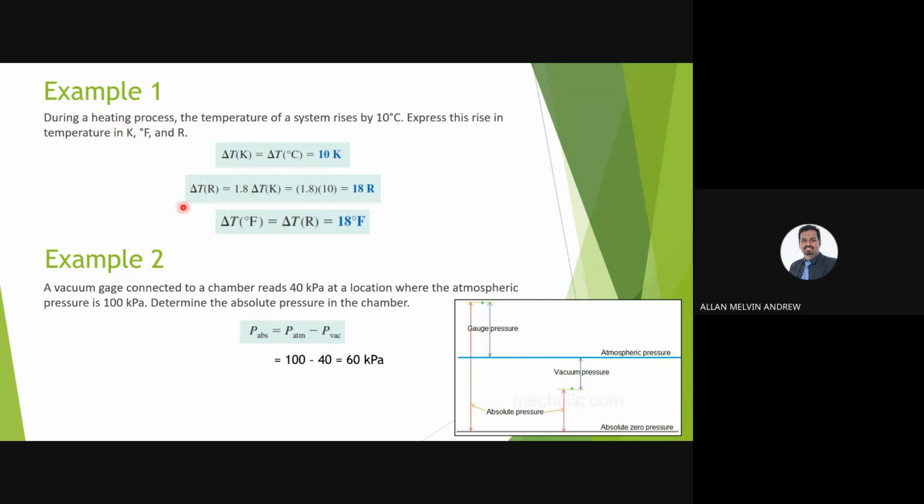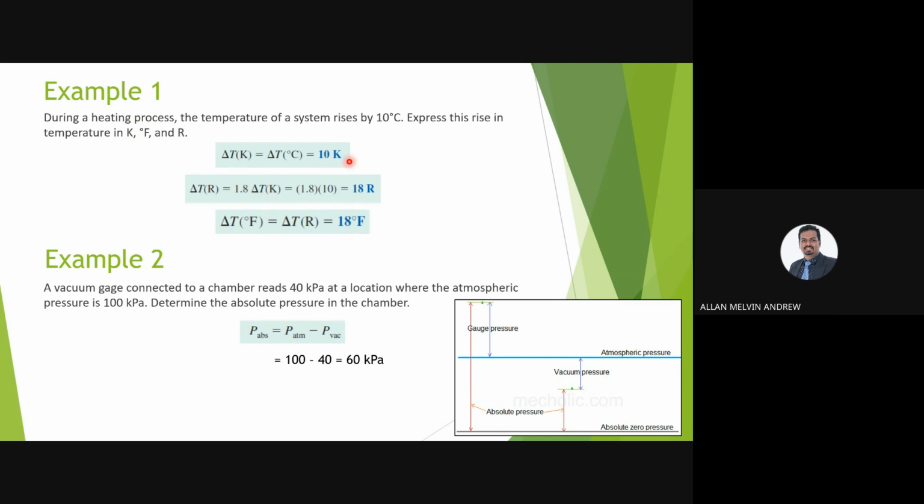Then the second one. From the information that we have obtained, see which one you can solve first. Even though the question asks us to find F first, for you to find F, you need to know the value of R first. So you need to find R first. The change of temperature in Rankine equals 1.8 times the change of temperature in Kelvin.